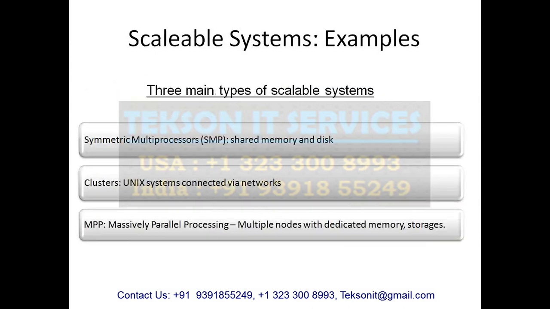As I said, there are 2 types of system: one is SMP and another is MPP. SMP is the kind of system mostly used in server jobs, in which everything is shared. The hard drive is shared, the disk IO is shared, everything is shared. MPP is the system where everything is dedicated.